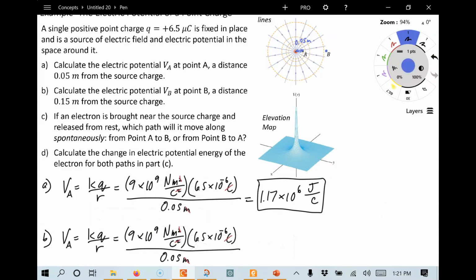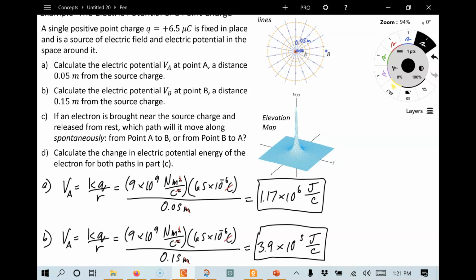And in this case, instead of 0.05, we are dealing with 0.15. Put that into the calculator, and we get an answer of 3.9 times 10 to the 5th joules per coulomb. So it's a little bit smaller because it's further away from the point charge, and so it's gotten weaker.